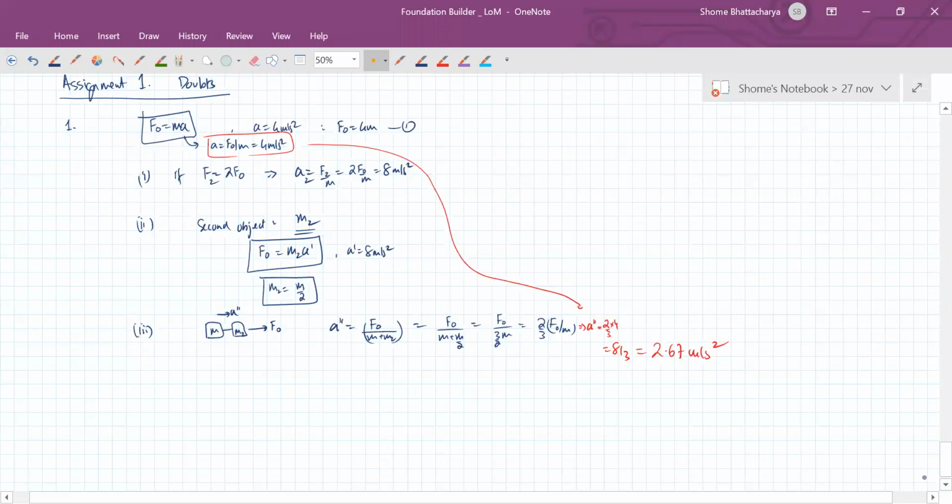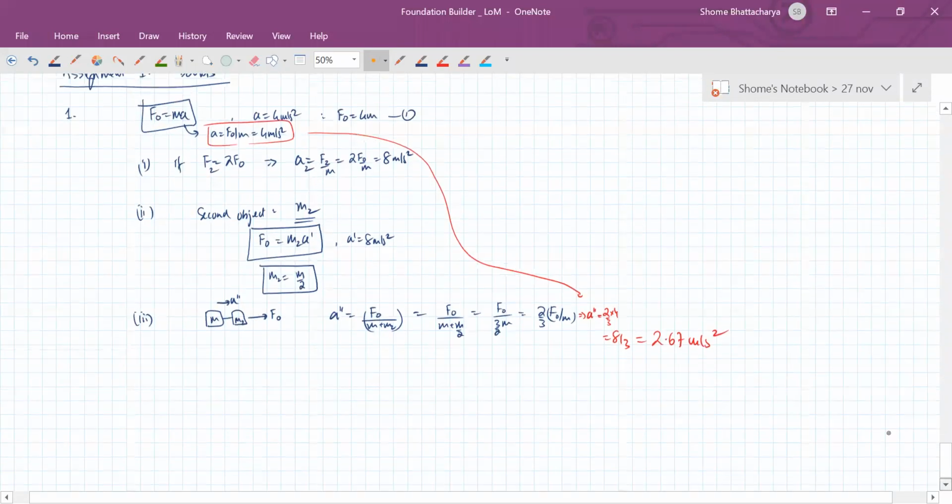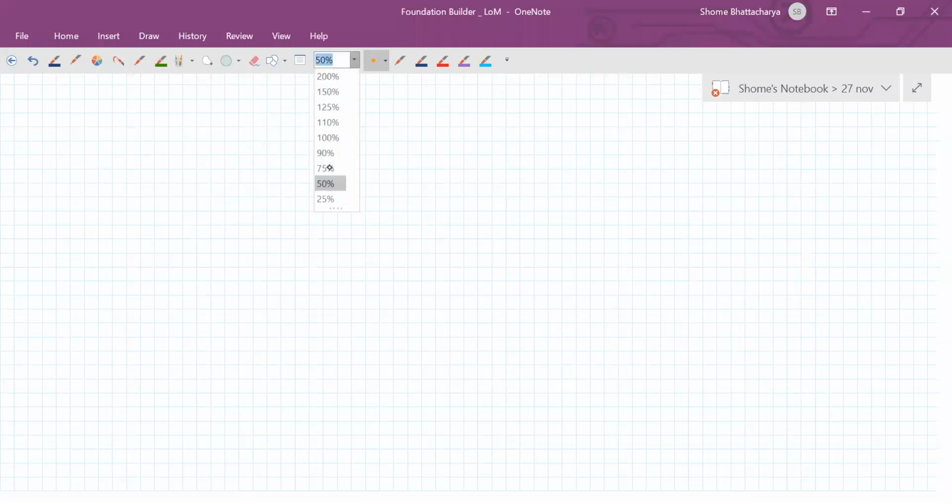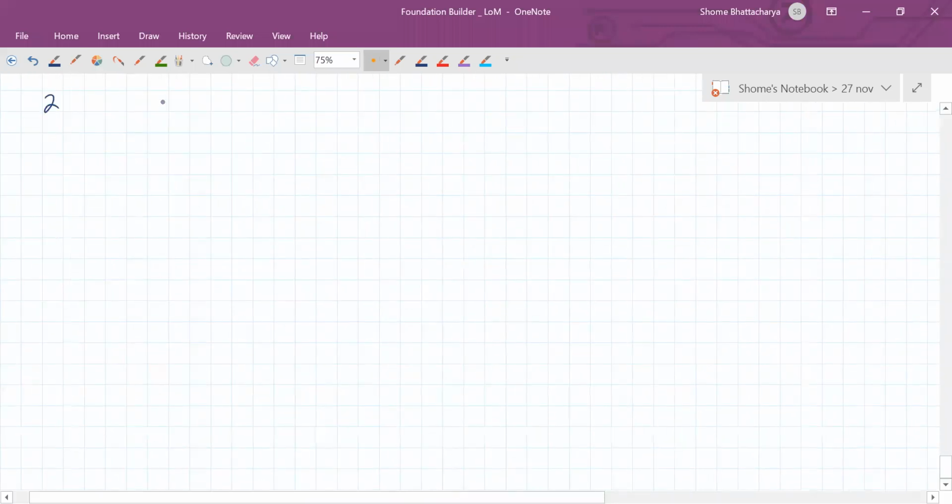Okay. So second question, I'll just give you an idea of how to do it. See, in the second question, it is given to you that F naught by m is equal to 5 meters per second square. Now, for example, in the A part, you are applying two forces of F naught like this.